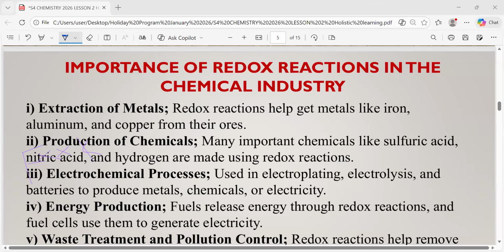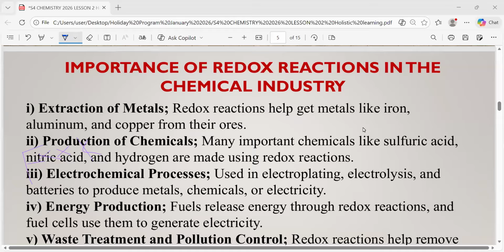Maybe iron oxide. Then you mix it in with potassium, because potassium is more reactive, it will displace the iron.